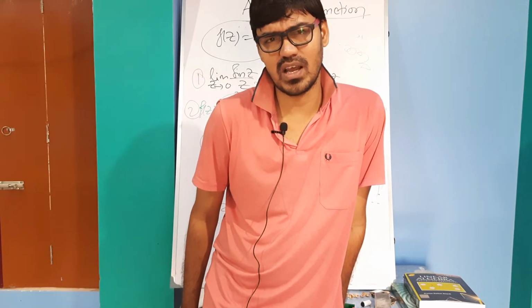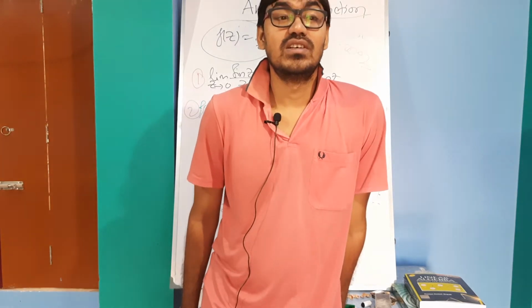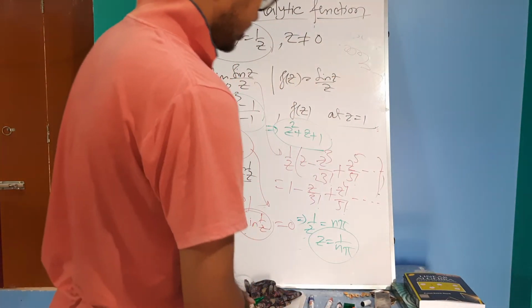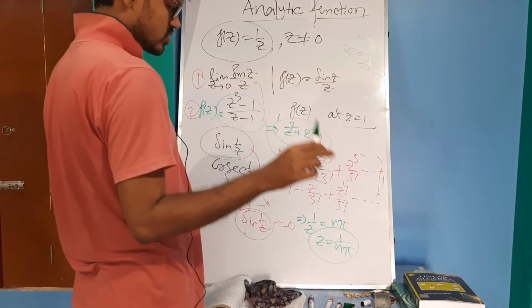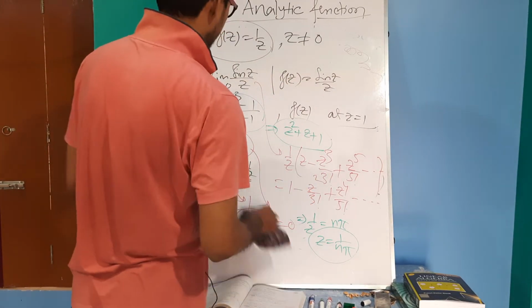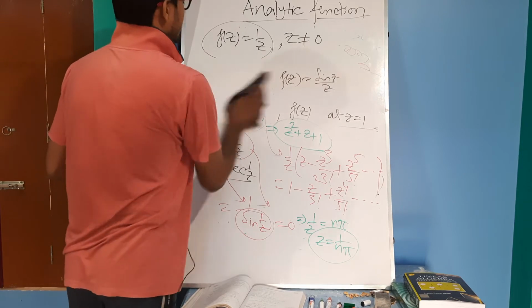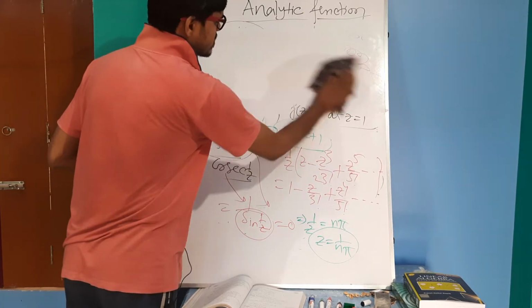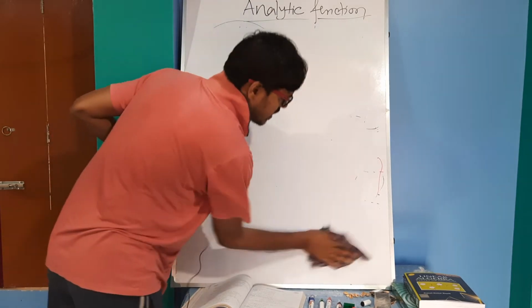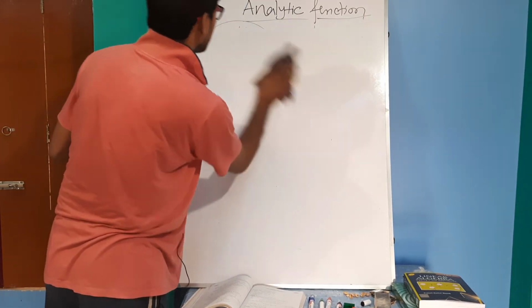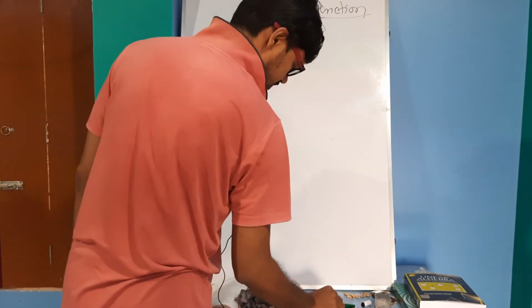It may be called non-isolated. So I have mentioned another term, non-isolated singularity. Now I am giving the summary of all these singularities in a format, and after that I will go to the Cauchy integral formula.